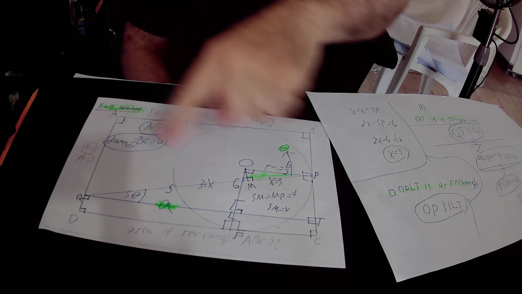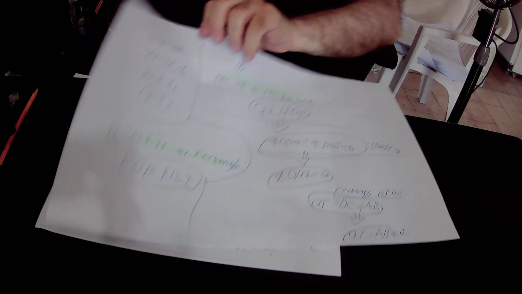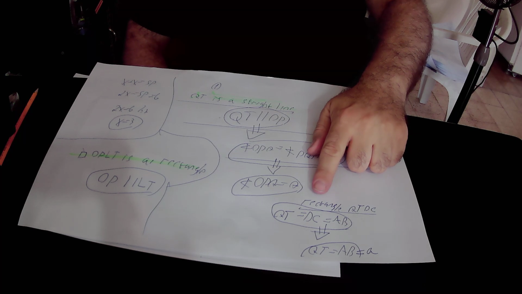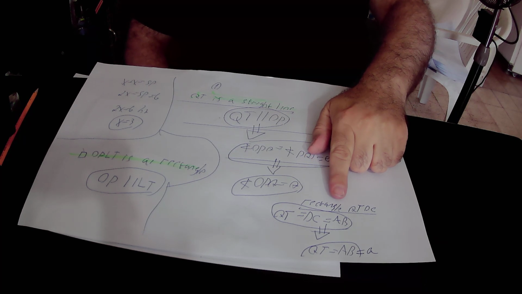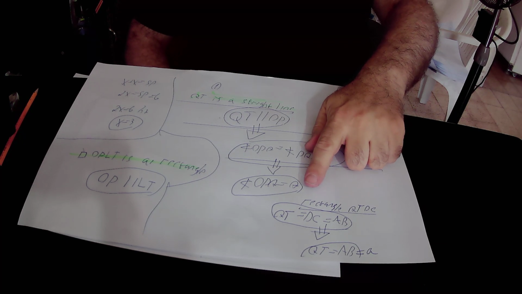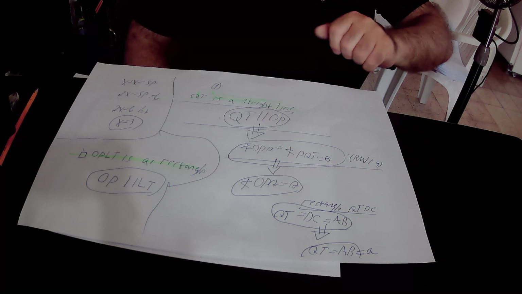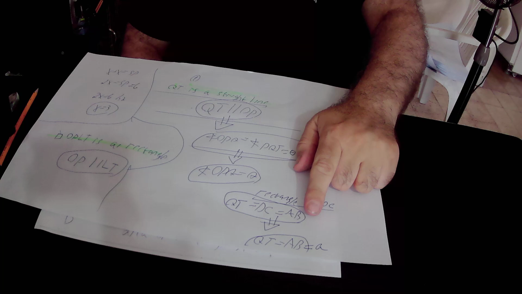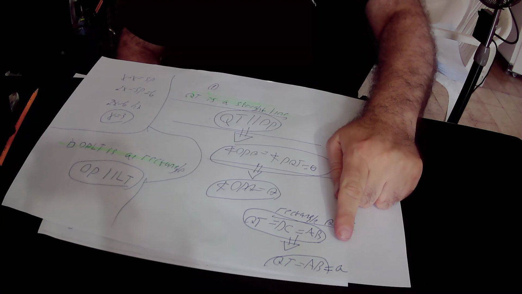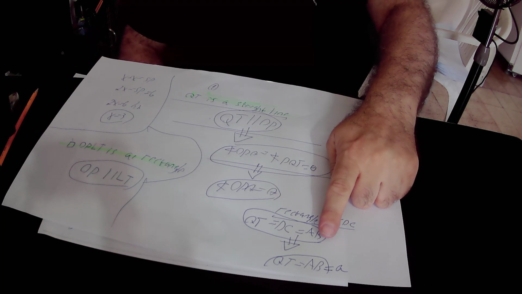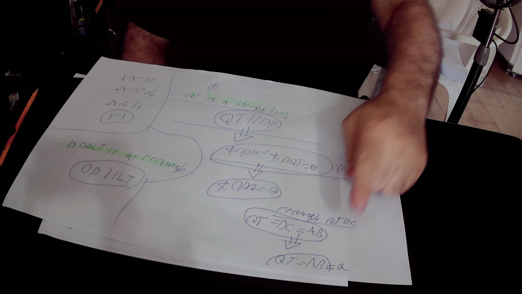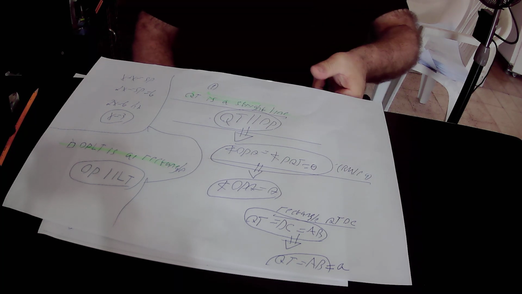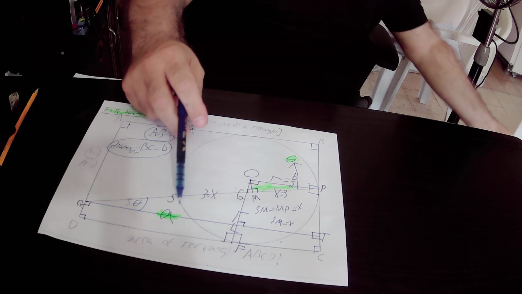That is to say, DC equals AB. So from QT equals DC equals AB, we derive that QT is also equal to AB. But according to our definition, AB equals a. So QT equals AB equals a, and we derive that QT is also equal to a.